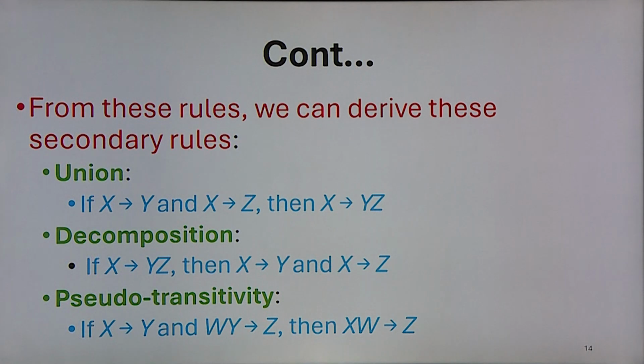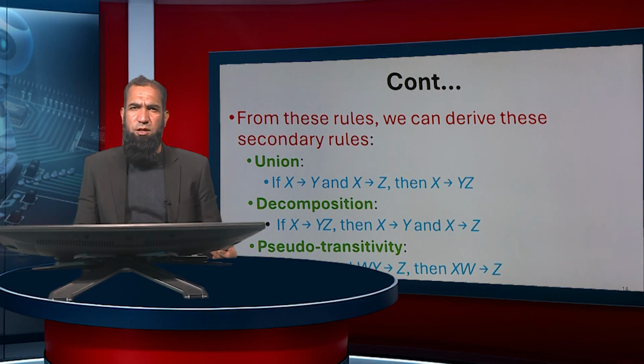In formal notation, if X determines Y and X determines Z, then X determines YZ. For example, if we know that roll number determines name and roll number determines department, then we can combine them to say roll number determines name and department. This rule helps us merge multiple dependencies that share the same determinant.